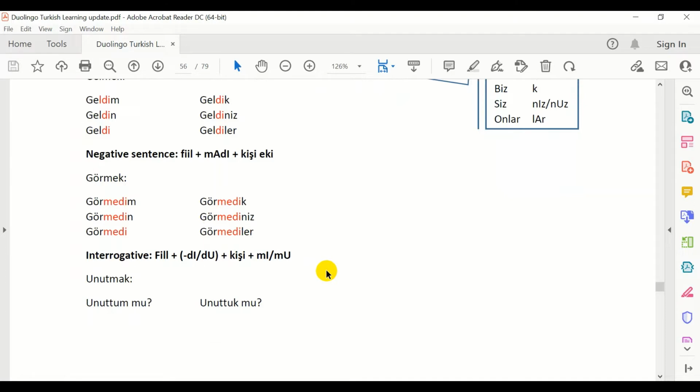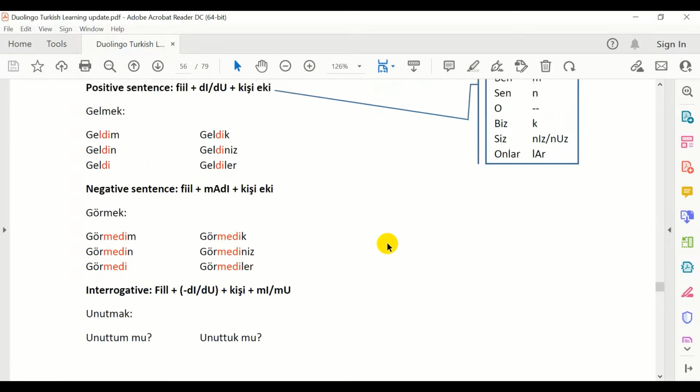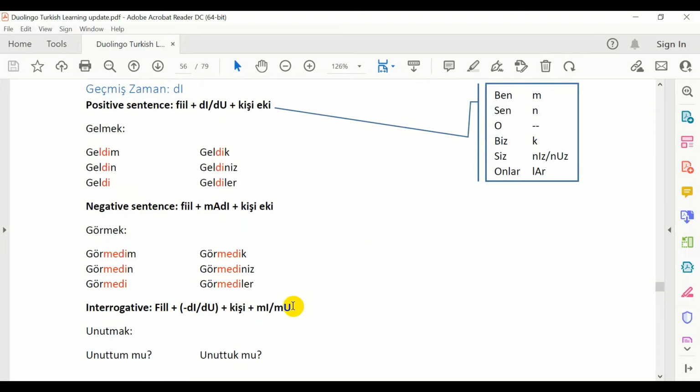Interrogative. And interrogative is even easier, because only and only you consider the positive structure of the sentence, and at the end of that you add the mi or mu question suffix. That's all. For example, here, geldim, I came. It is a positive sentence, and when you want to change it to interrogative, you only add the question suffix.